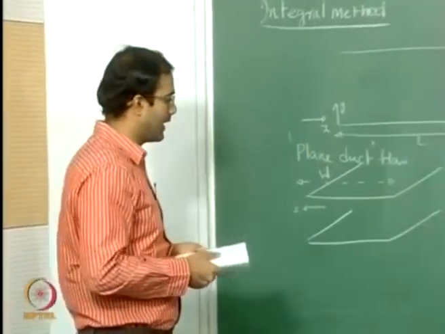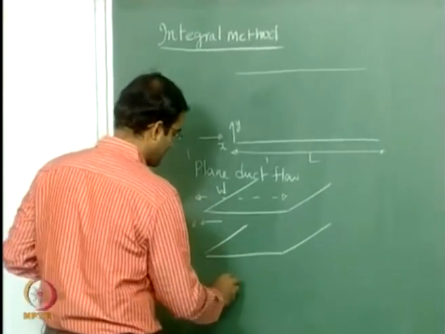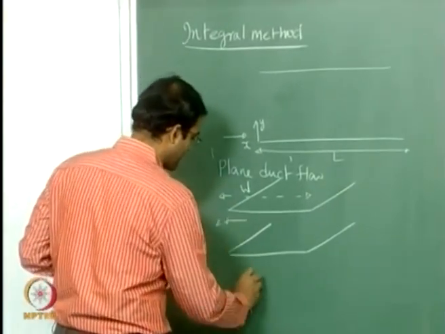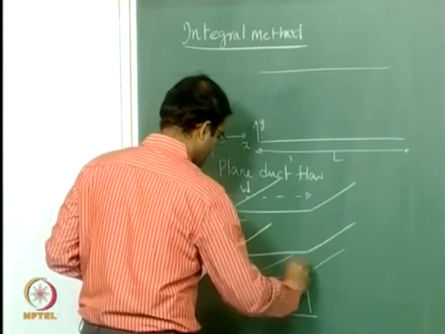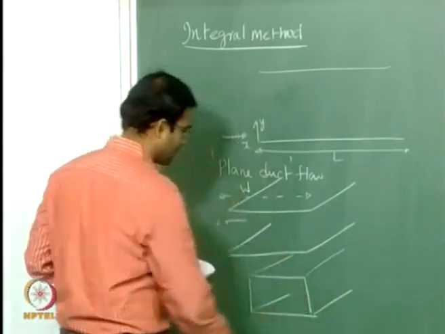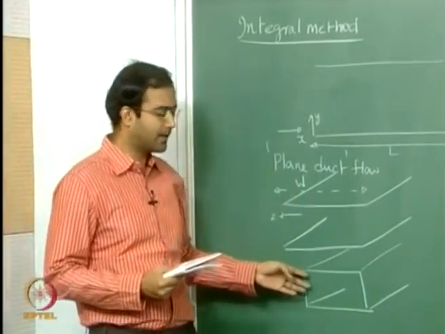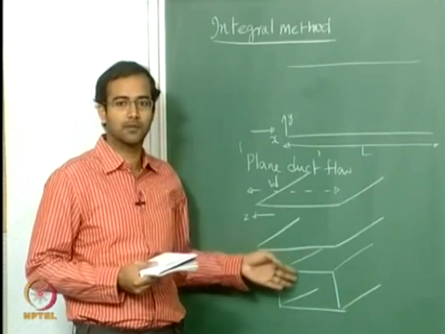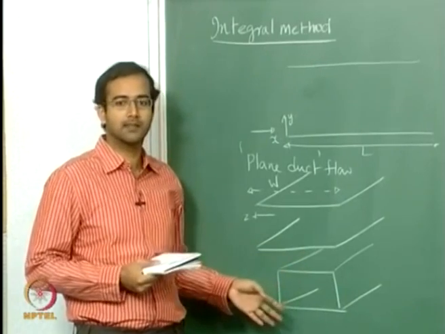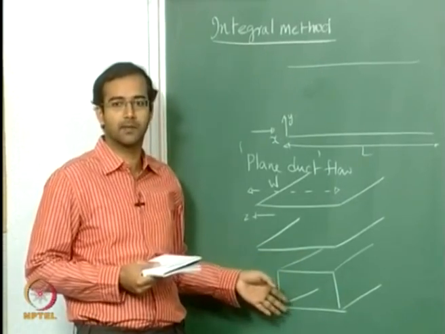Whereas if you replace this by a rectangular cross section, the boundary layers may start growing on these lateral walls also, apart from the top and bottom. So clearly this is not a 2-dimensional flow, this becomes 3-dimensional.